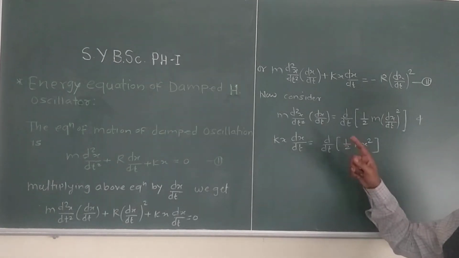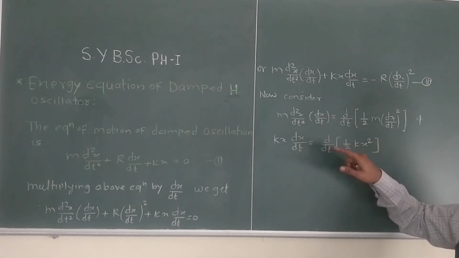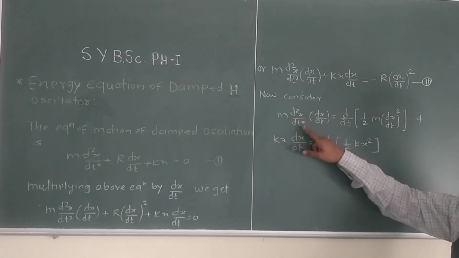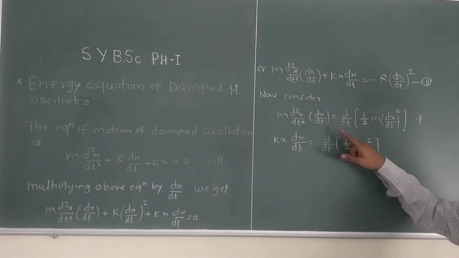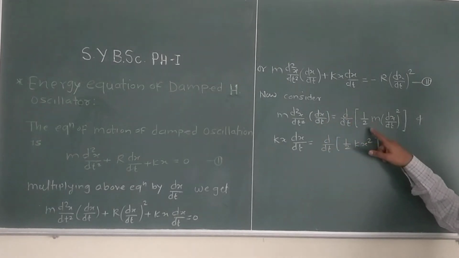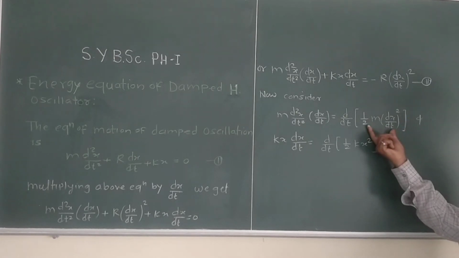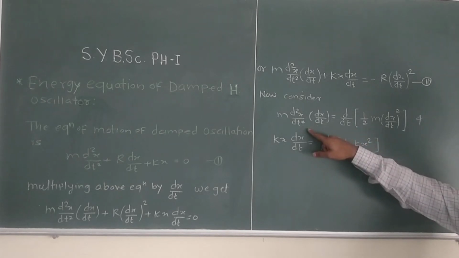Then we have to substitute some values. That is, m d2x by dt square into dx by dt, we write this term as d/dt of half m (dx by dt) whole square. When we differentiate this term with respect to t, then we get this term.